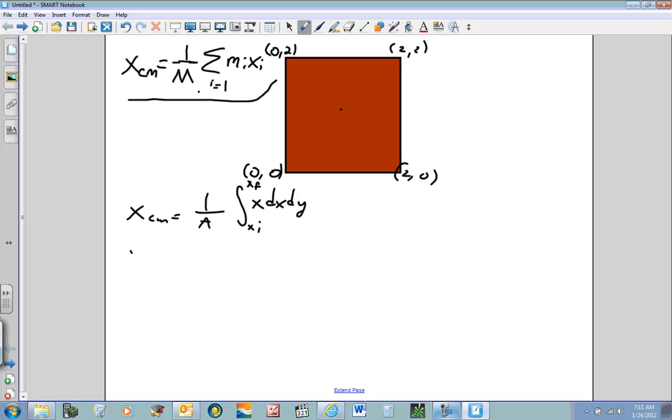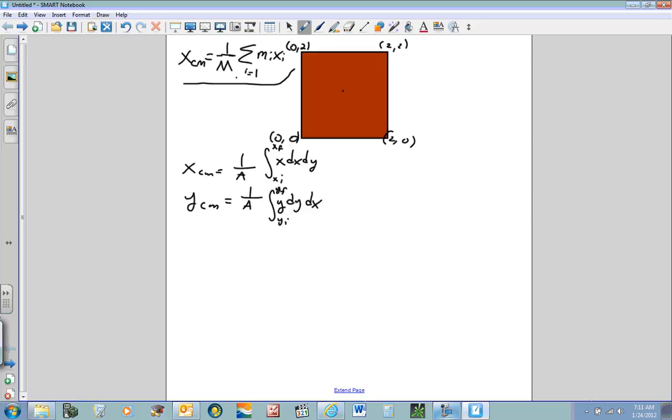And then the y center of mass is going to be 1 over A times the integration of y dy dx, going from an initial y value to a final y value.